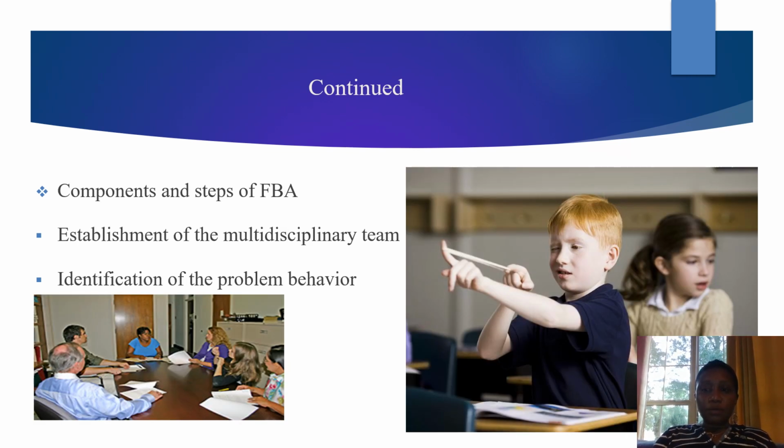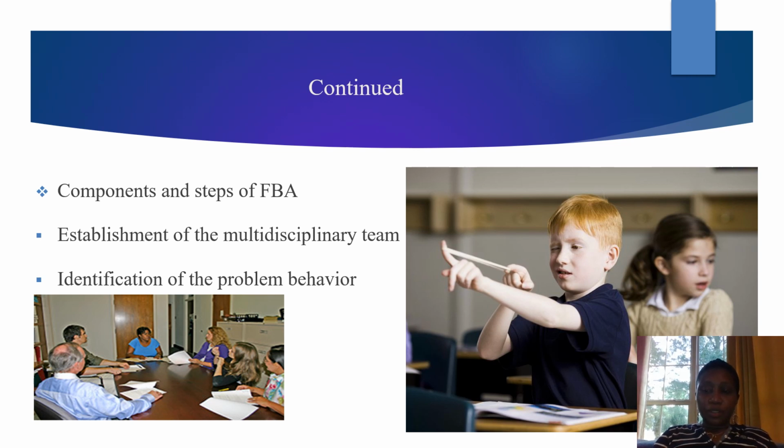One of the components of the FBA is the multidisciplinary team established to determine the interfering behavior that a particular student is depicting. The team includes the learner, the student's teacher, a related service personnel, parents, and the paraprofessional working with the student.